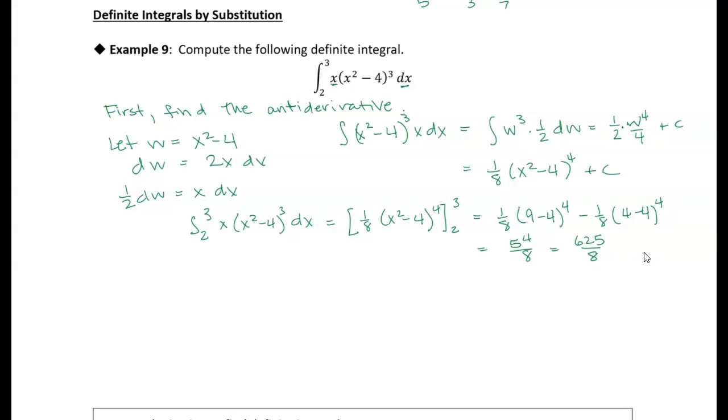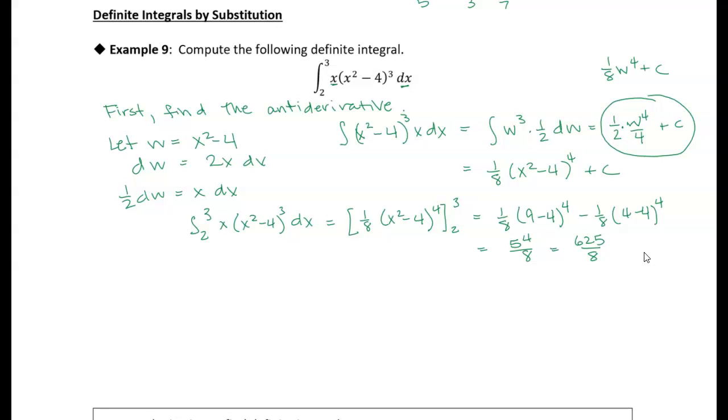But there's another way that I want to show you that you could do this. You can take this antiderivative, which I could rewrite as 1/8 of w to the 4th plus c, make it a little nicer. And I don't have to convert it back to the x variable.